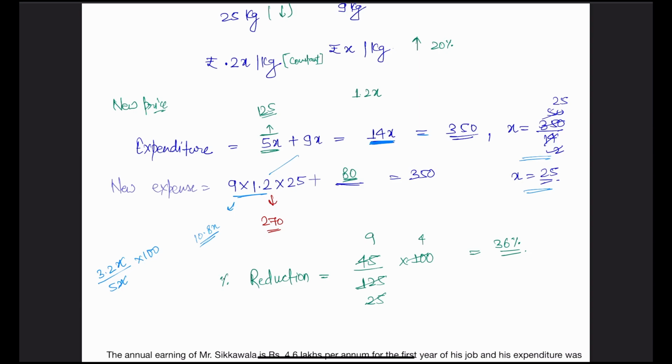Okay, yeah. Sorry. So instead of this 5x, this one is 10.8x, right? So what should be the price over here? This price will be nothing but 3.8x. Previously it was 5x, now 3.8x.